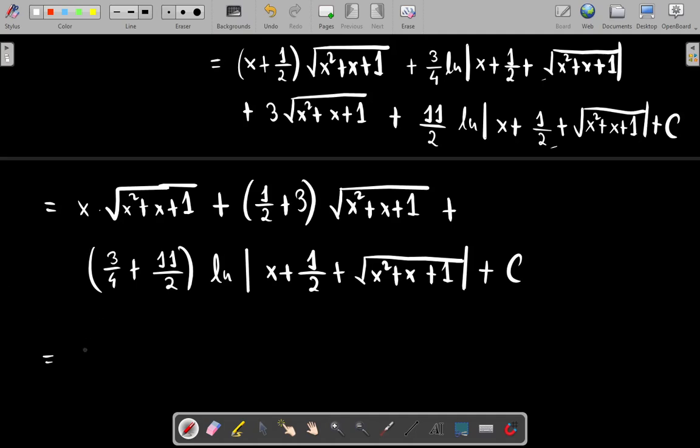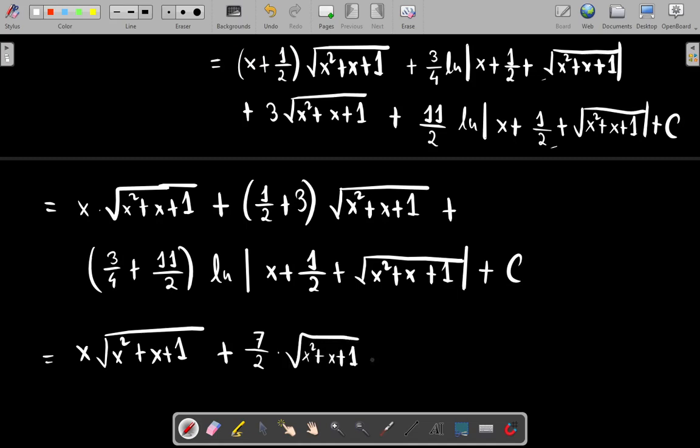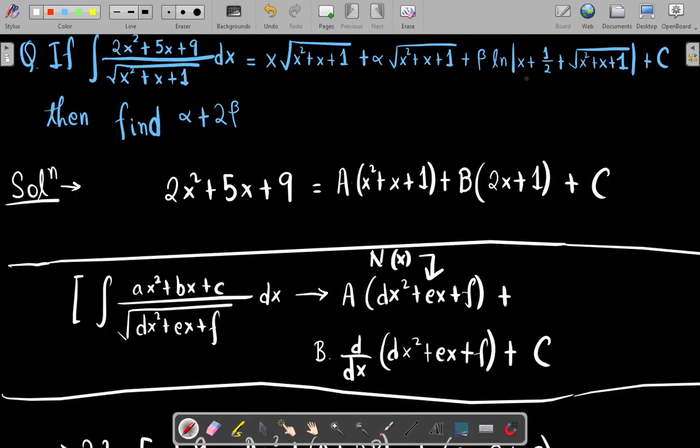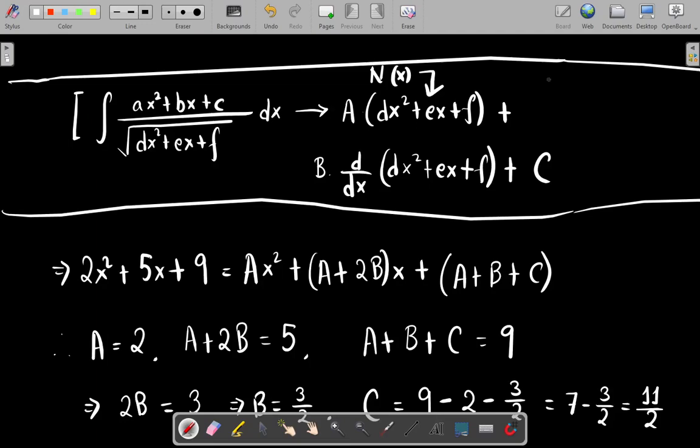So first term is just x times square root of x square plus x plus 1, and then I believe this is alpha, right? So this becomes half plus 3, which is 7 by 2, times square root of x square plus x plus 1. And I believe this is beta, the coefficient of this logarithm, ln x plus half plus square root x square plus x plus 1.